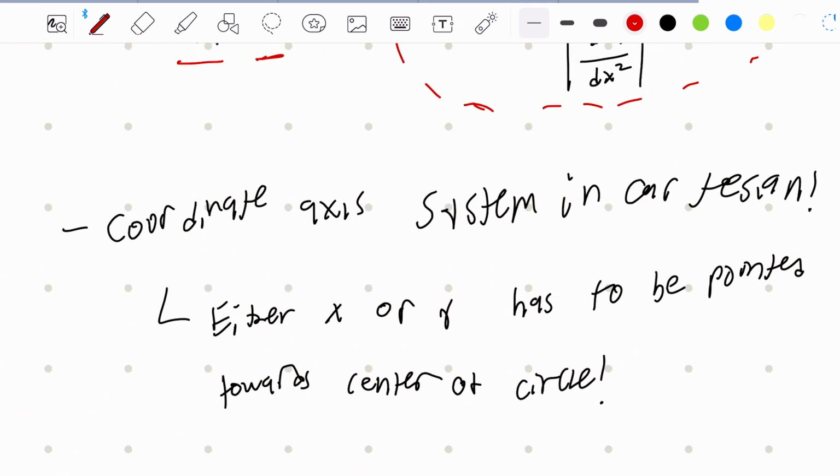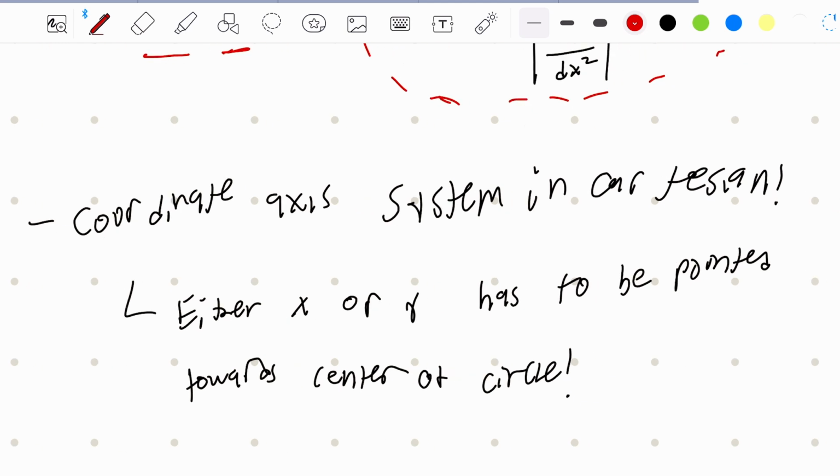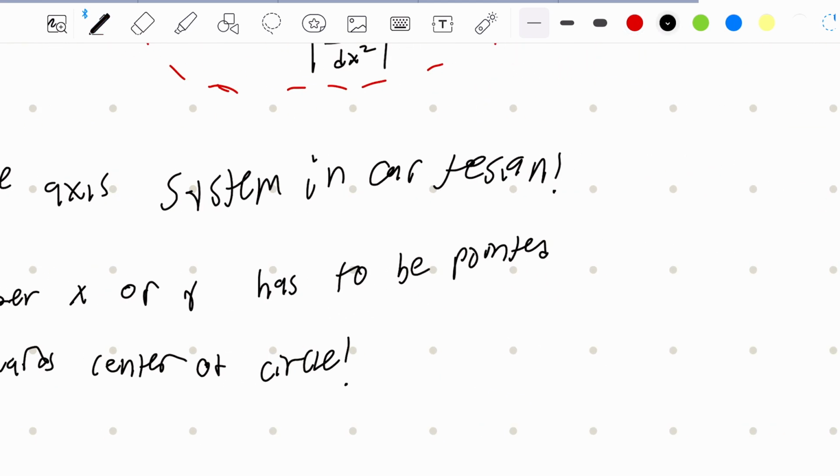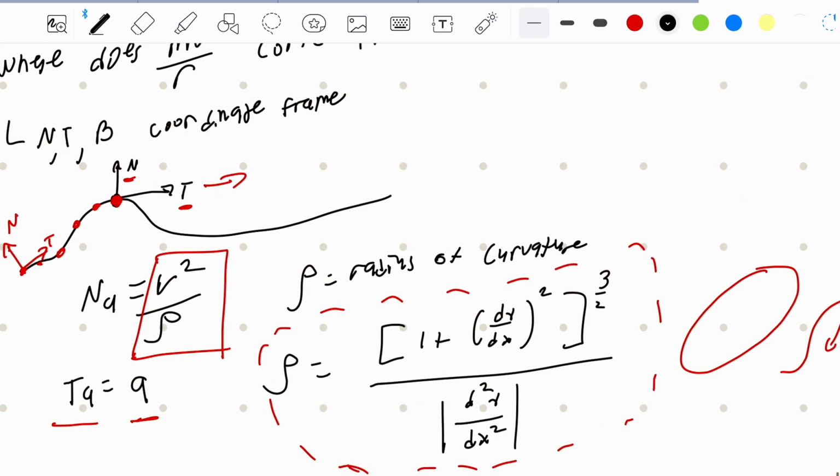How do we use it? We're using Cartesian. So, essentially, if you ever have some kind of object moving in a circular pattern, you're always going to want to set up your coordinate axis system to be in the same frame as the normal-tangential coordinate axes.